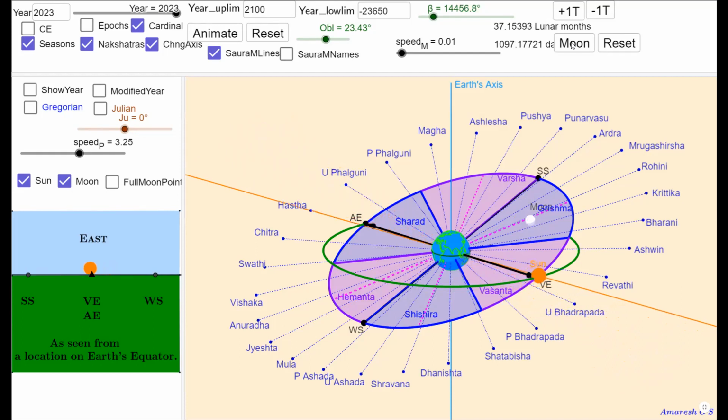So next one is Vaishak. Here, Vaishak. Jeshta. Ashad. Shravan. Bhadrapad. Ashwin.